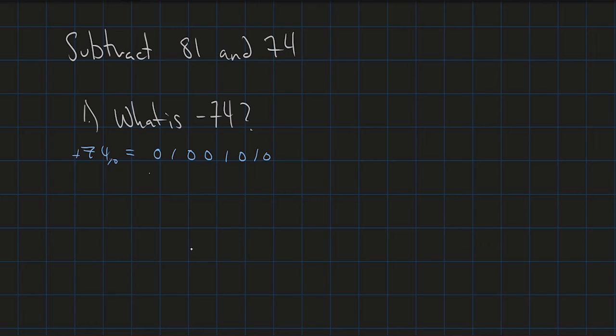So let's say we set the first bit to 1 to evaluate negative. This method of representing negative numbers is called sign and magnitude form.